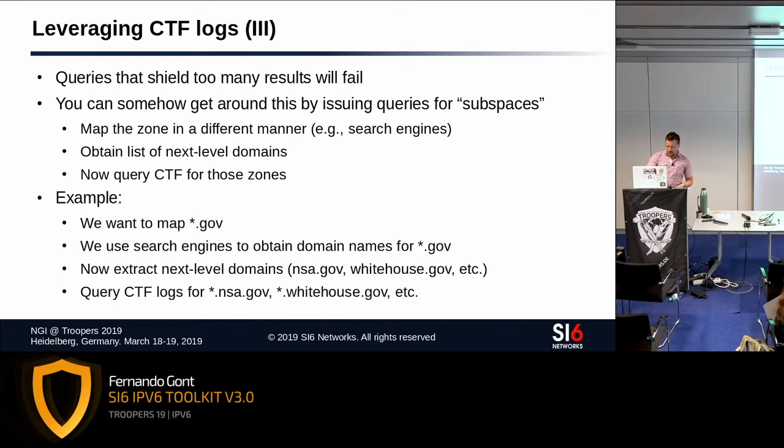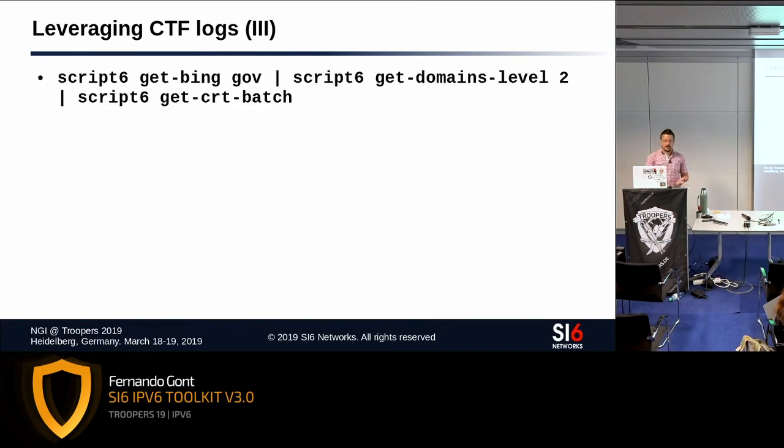In order to be able to do that automatically, I did a small script, or you can use the tool in this way. For example, first this bit of the tool just searches for domain names that end with .gov. So you'd get anything that ends with .gov.